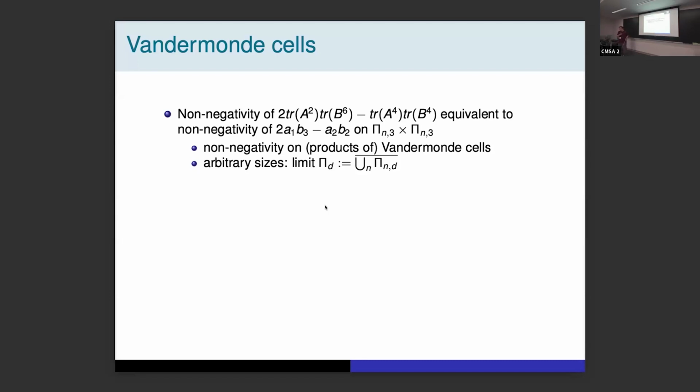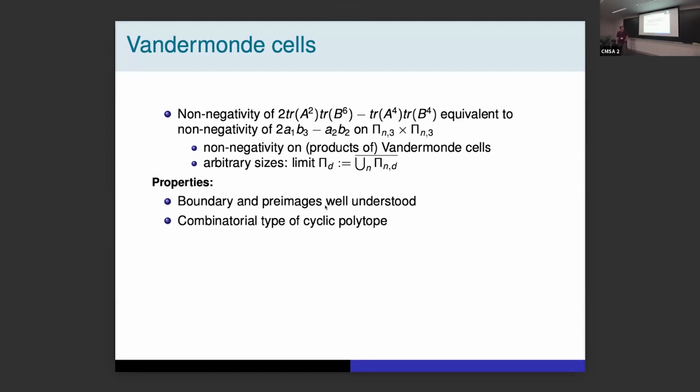So in consequence, we're interested in non-negativity of polynomials on products of Vandermonde cells. And also, if we want to consider non-negativity for matrices of arbitrary size, then we need to look at Vandermonde cells where n goes to infinity. So we need to take the limit Vandermonde cell pi_d, which is just the closure of the union.